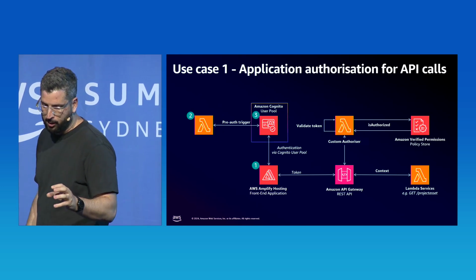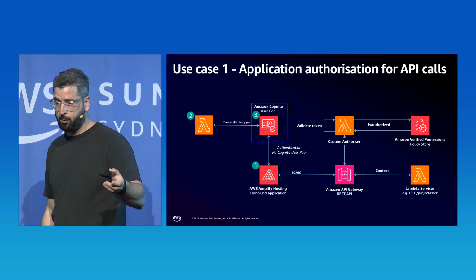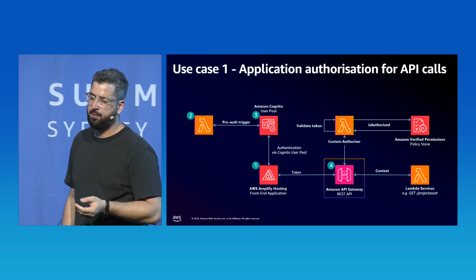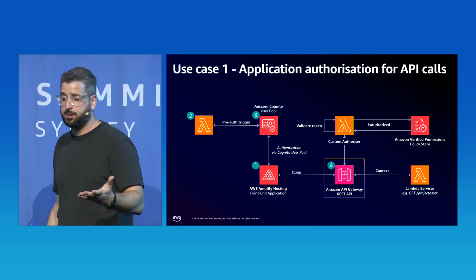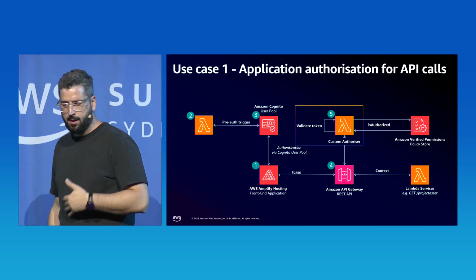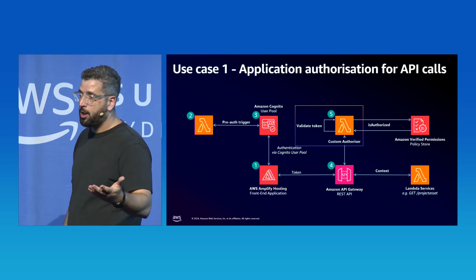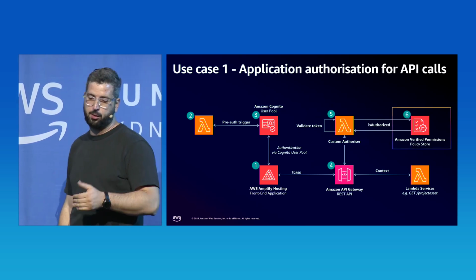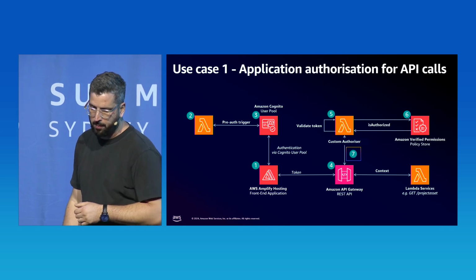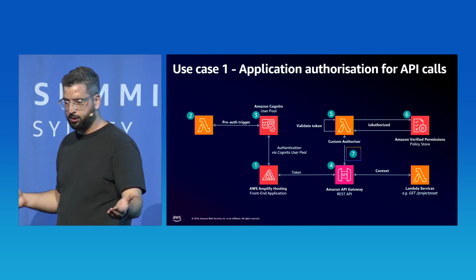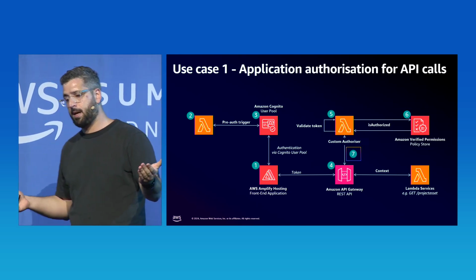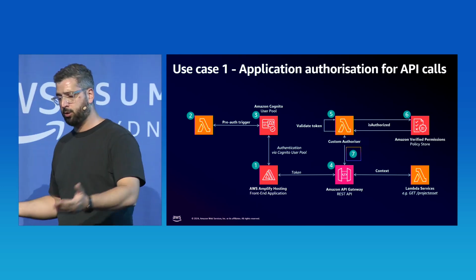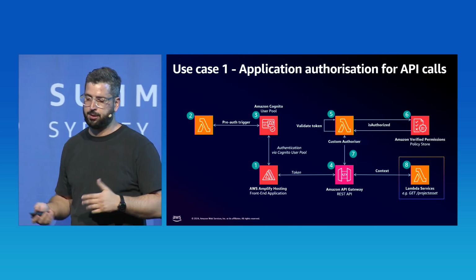When a JWT is generated from Cognito in the callback request, it then forwards it and it is exchanged as a bearer token with the API gateway, which is then validated and decoded with the custom attributes that are then passed in step 6 to the policy store. If the policy store finds those custom attributes, it will provide an allowed decision as a response, and it will simply allow the Lambda service to process the request.